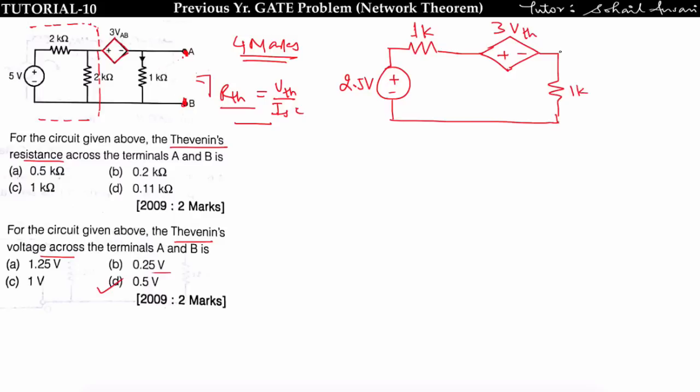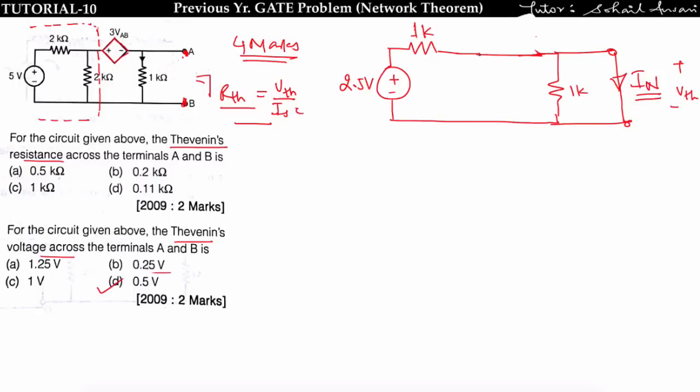This is 1k and this AB terminal is now short circuited, and I am supposing that Norton current IN is flowing. Since this is short circuited, means this VTH is equal to 0. The voltage drop across this will be 0, means this dependent source will have value 0. Got it?